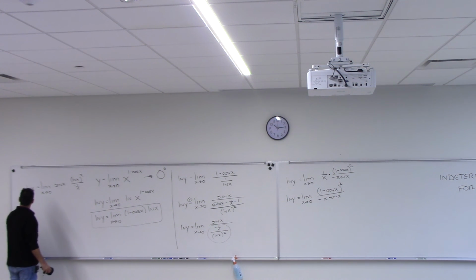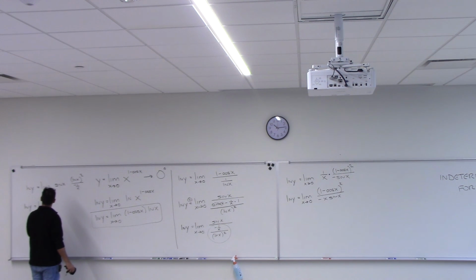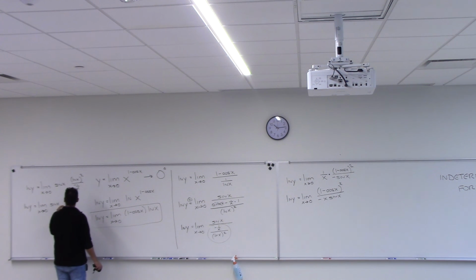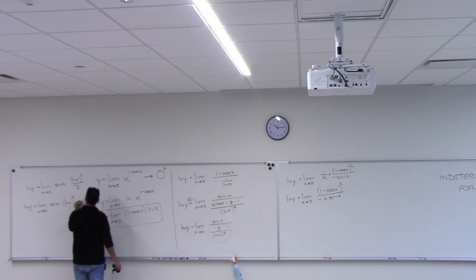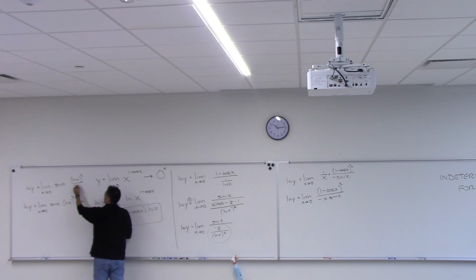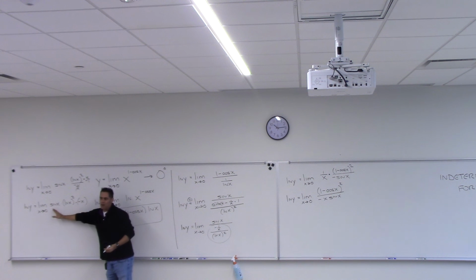Natural log y equals limit x goes to 0. We have sine x times natural log of x, that quantity squared, times negative x. So all I did here was flip this up. This flipped up as x over negative 1.